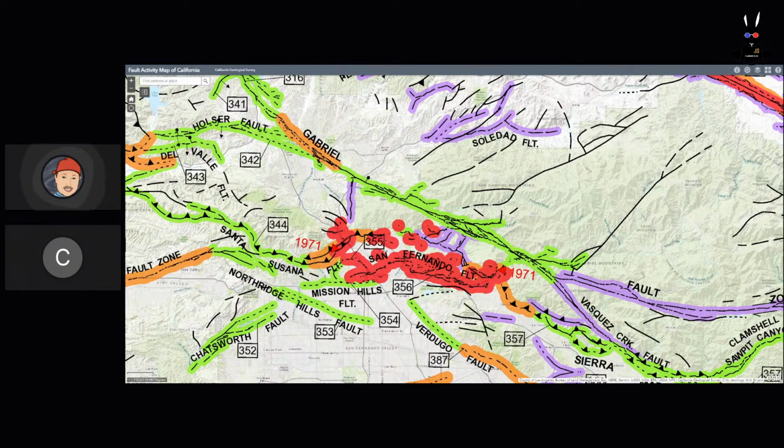Yeah, San Fernando earthquake, 1971. I'm going to look it up on the epicenter here, and then copy. All right. Maps. Search.